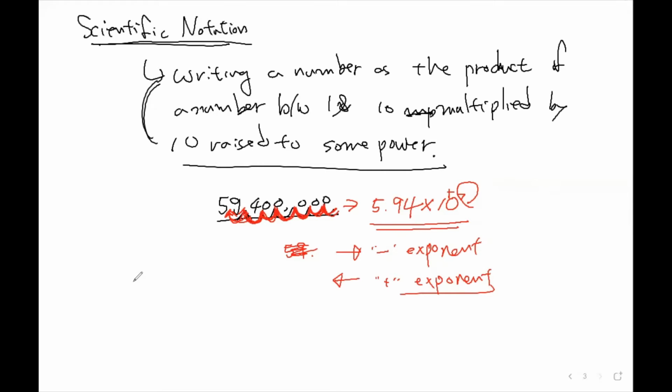0.000350. Write this number in scientific notation. Then what's the answer? Move the decimal point so that it is located after the first non-zero digit.